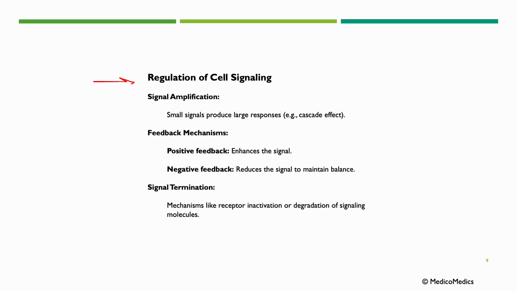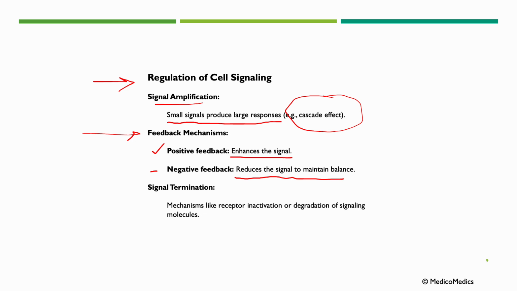So when discussing the regulation of cell signaling, we have signal amplification. Small signals produce large responses, for example, the cascade effect. Now we have feedback mechanisms, whereby we either have positive feedback, where the signal is enhanced, or negative feedback, which reduces the signal to maintain balance.